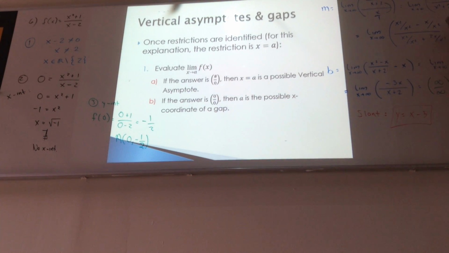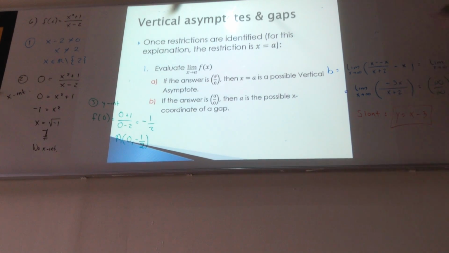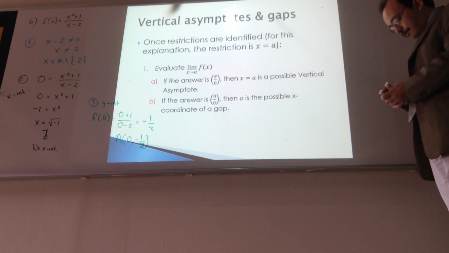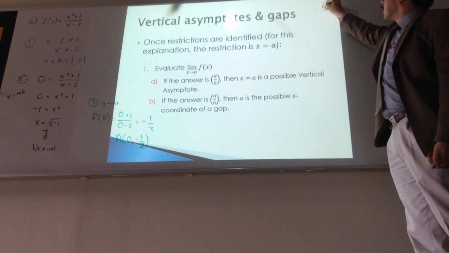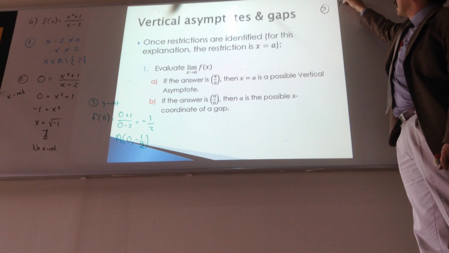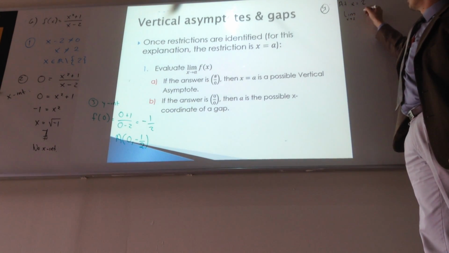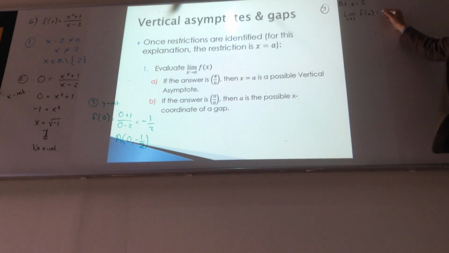What's the restriction here? 2. So we check the limit at 2. Number over 0. At x equal to 2, the limit as x approaches 2 of the function, substitute: 5 over 0.